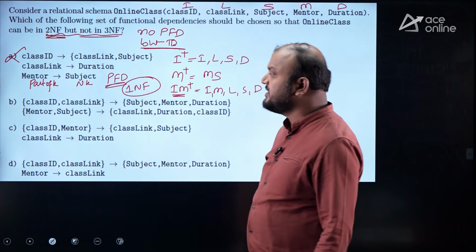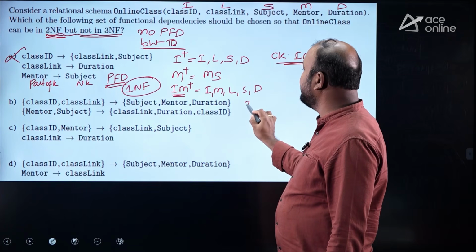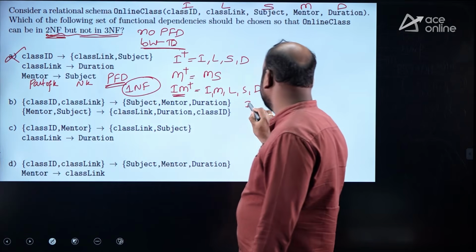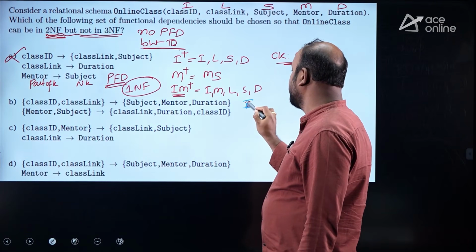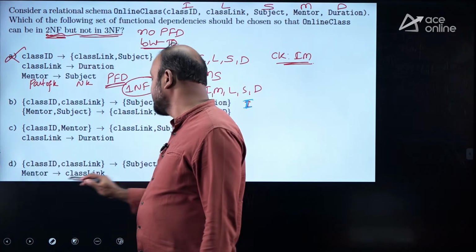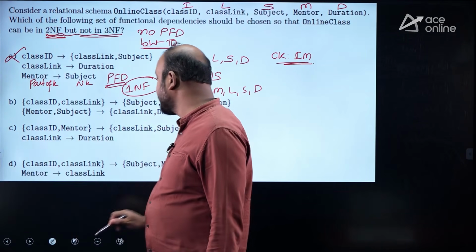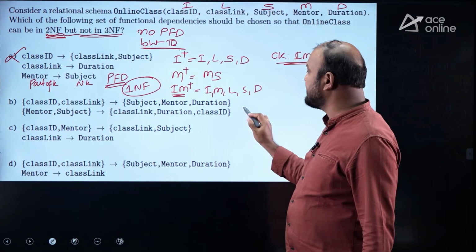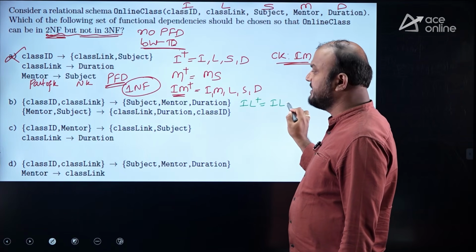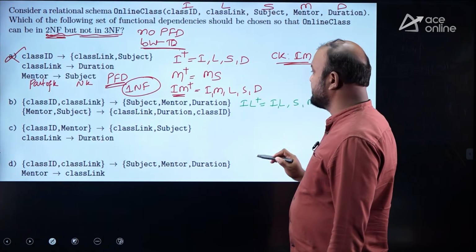Next, when you look at option B, what is a key? I'll write with some different color. Is it visible, blue color? So option A is wrong. Look at option B, class ID comma link. When I take the closure, IL gives S, M, D, all I am getting. So IL is a key.